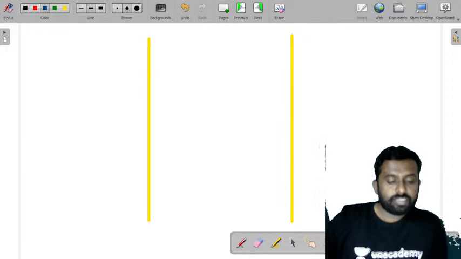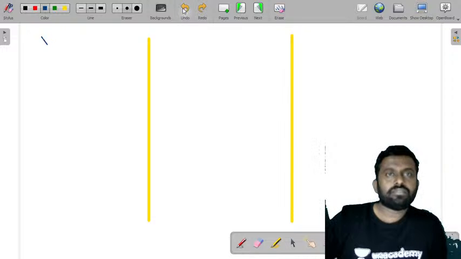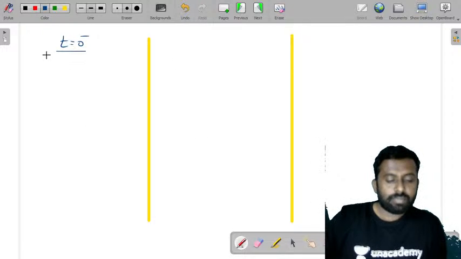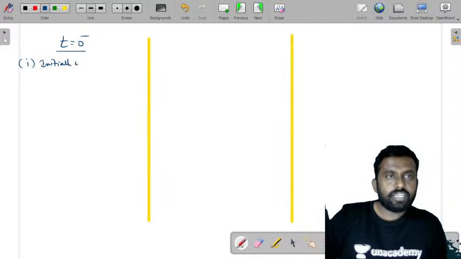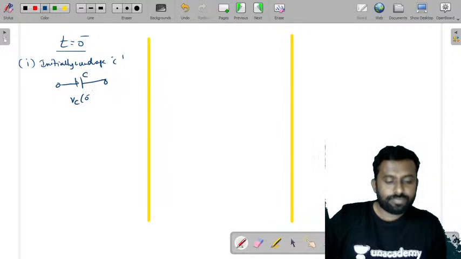Now for t equal to 0 minus, the capacitor is initially uncharged. That means the charge Q of 0 minus is 0.